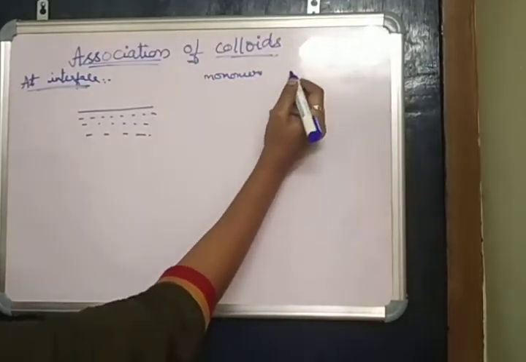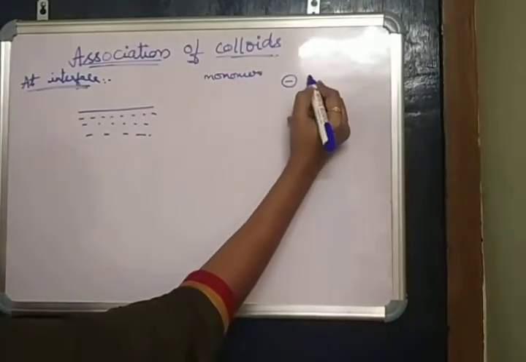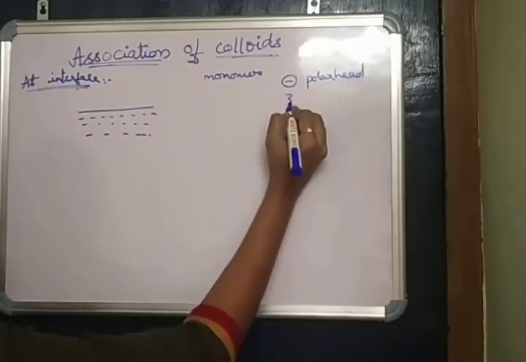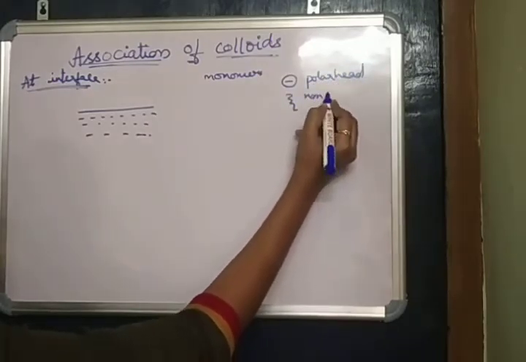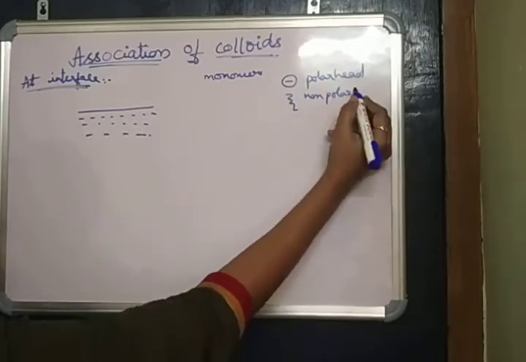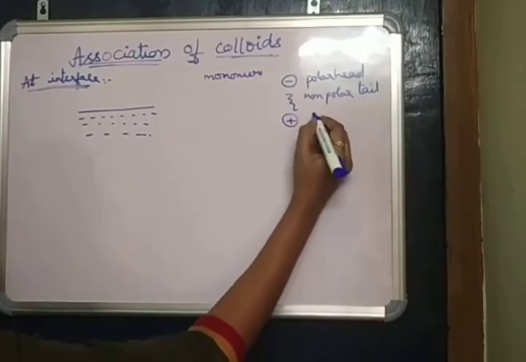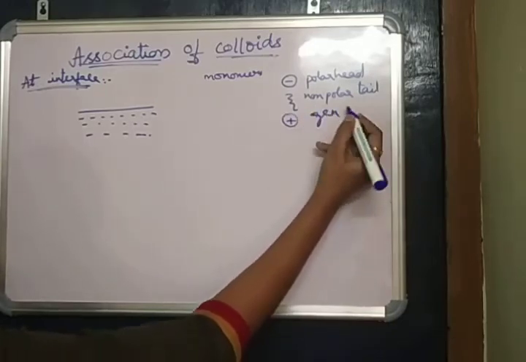Monomers consist of a polar head, a non-polar tail, and a positive ion, which is called a gegen ion.